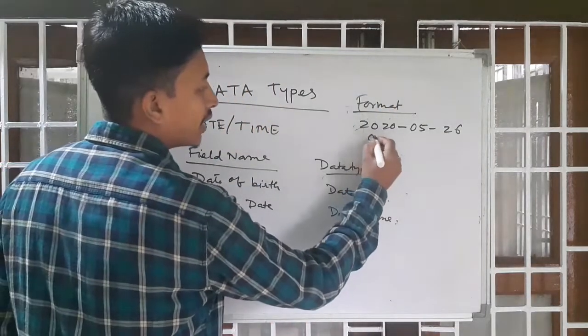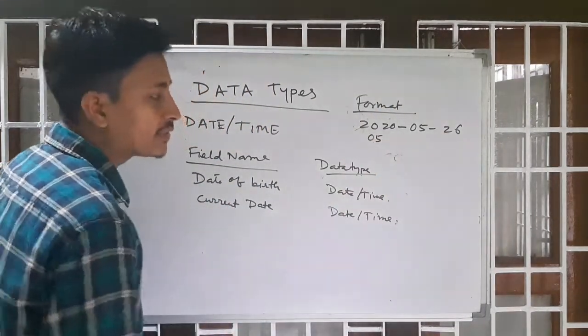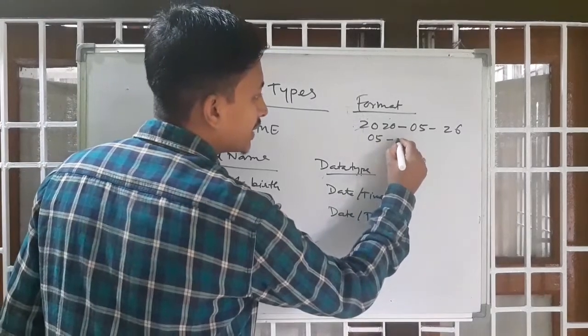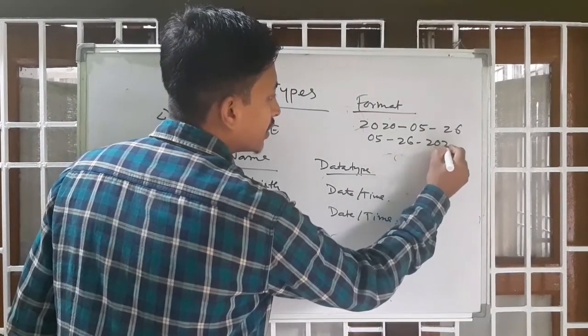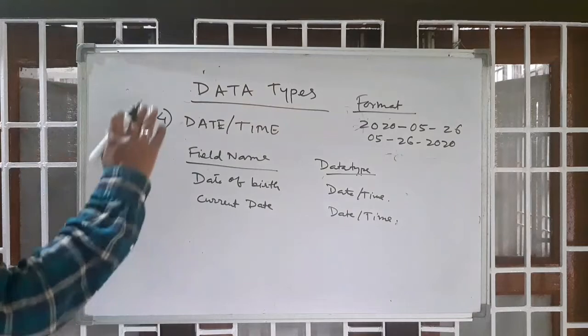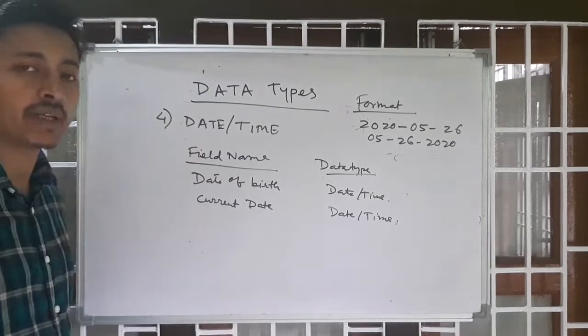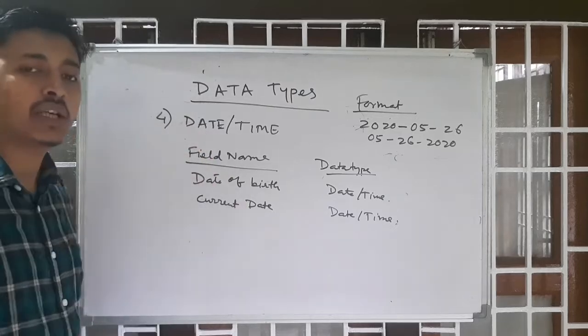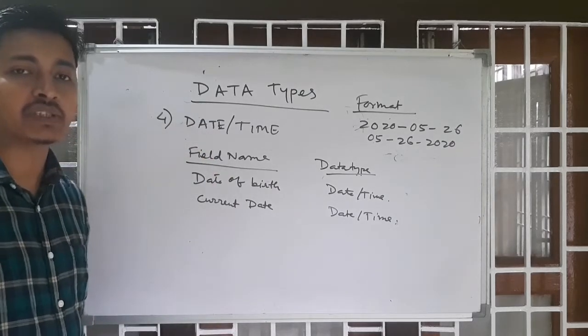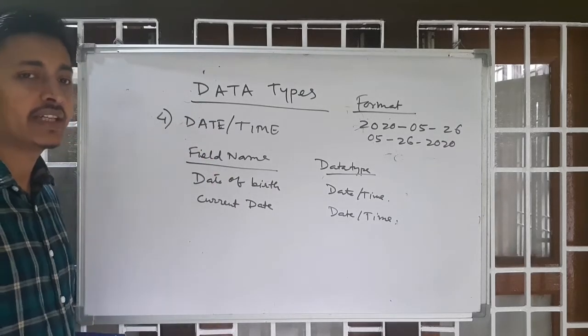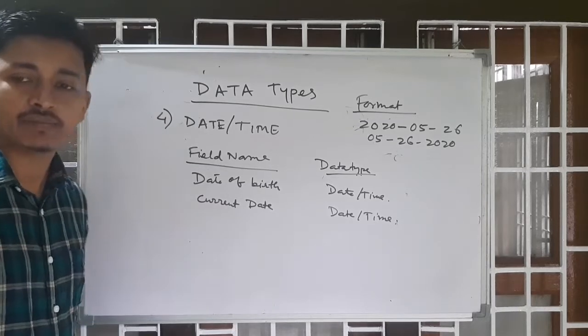Sometimes the month comes first, then the date, and after that the year. So these are the various formats available in date and time format, and it is basically used for date and time purposes. Okay, understand? This is very easy.